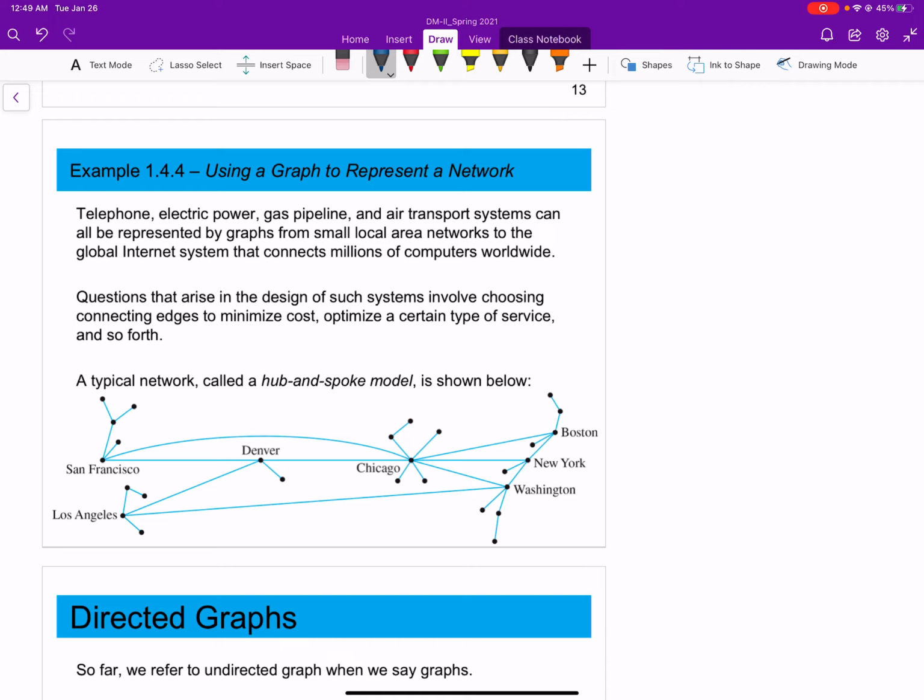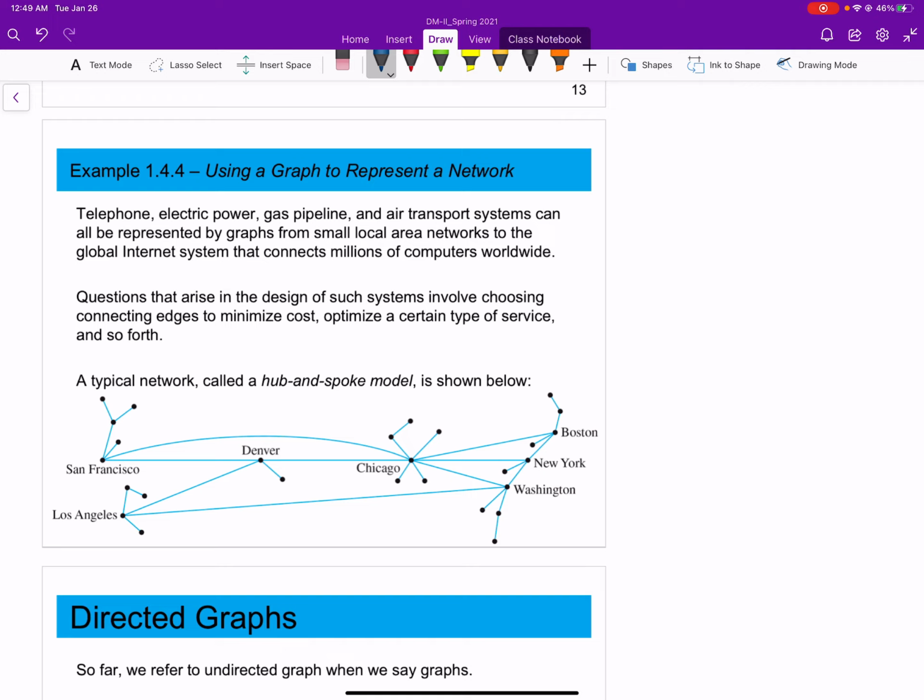Let's say there are three airplanes going from Houston to Dallas every day. Then you can mark three parallel edges between these two airports. Like that, you can represent all the airports in this world as a graph.